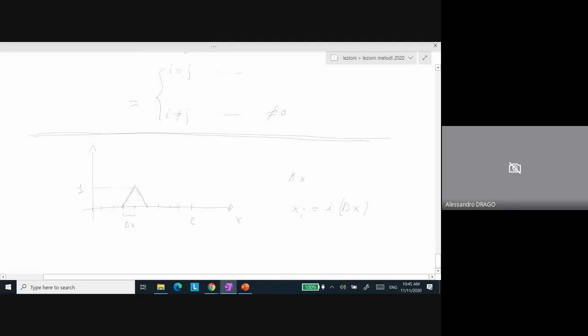Notice that essentially I am using as a basis linear functions. I'm just introducing as elements of the basis an object that is made with 2 linear functions. It is linear from here to here, linear from here to here. It's exactly 0 outside of this range.